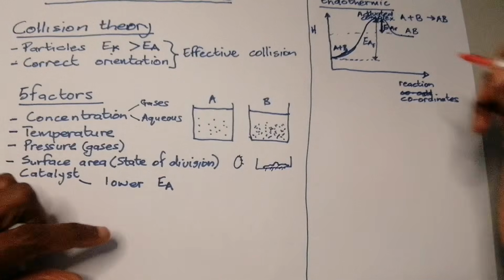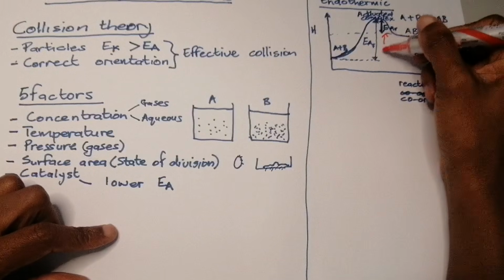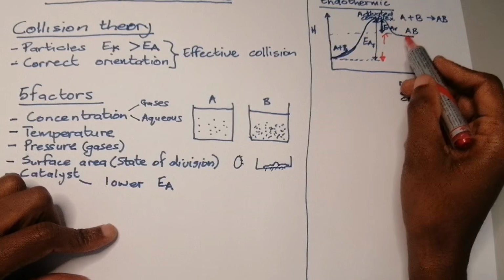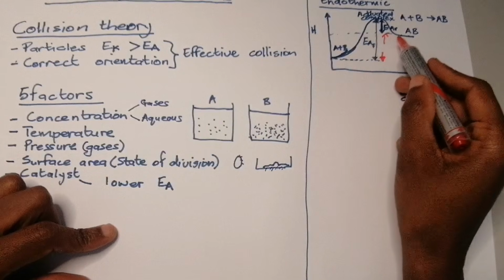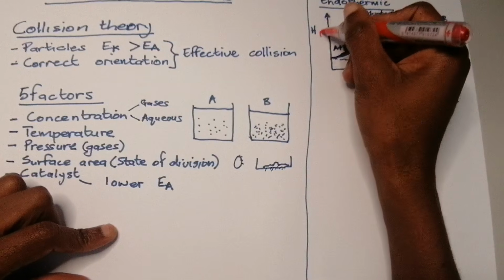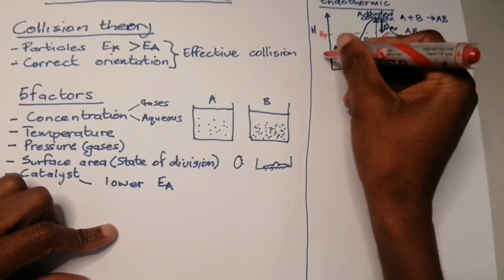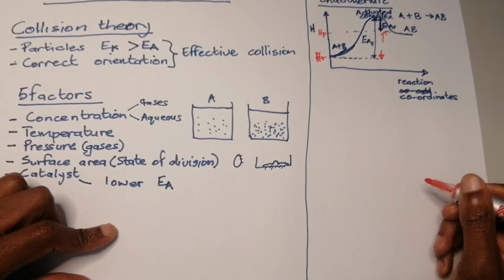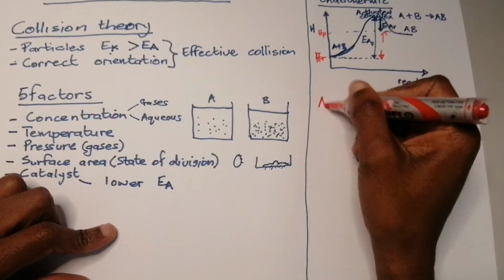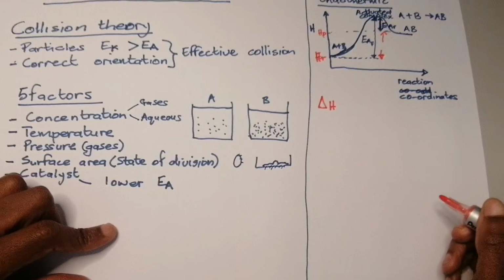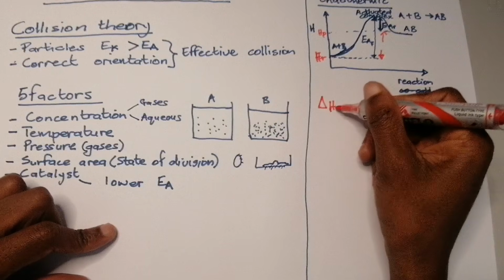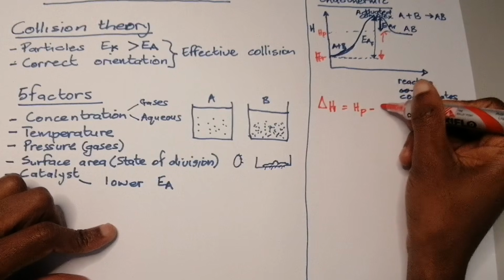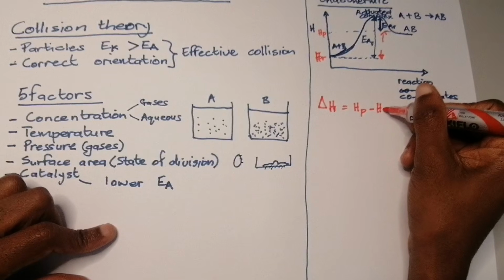Now, ladies and gents, why am I showing you all of this? We get to this part where it's the energy of the products, and this is the energy of the reactants. Then we start defining the change in enthalpy, delta H. The change in enthalpy is simply the energy of the products minus the energy of the reactants.